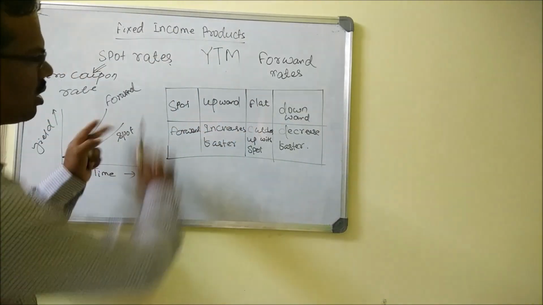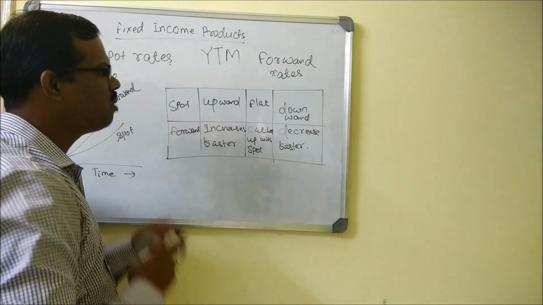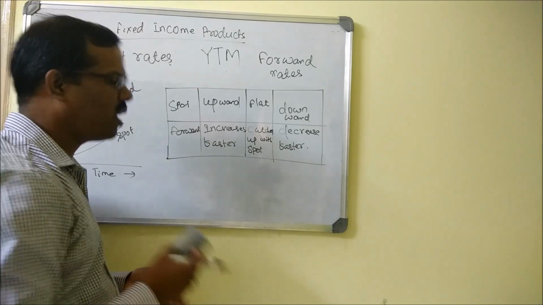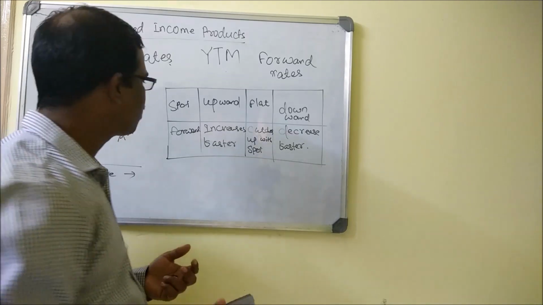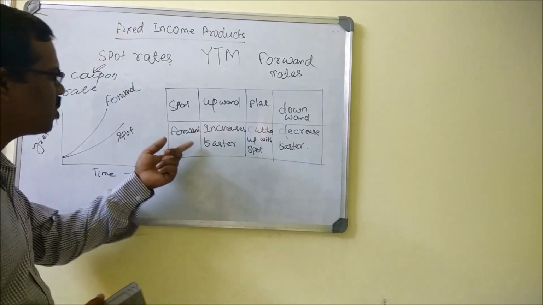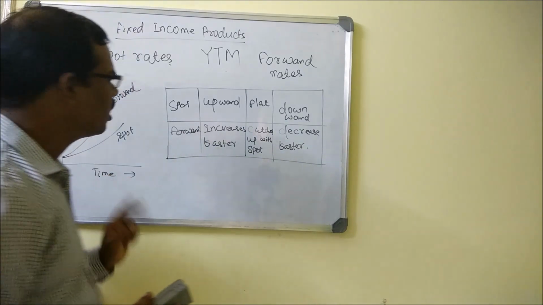So if you remember this table, it will be much easier to answer all kinds of questions around the relationship between the forward rate and the spot rate curve.